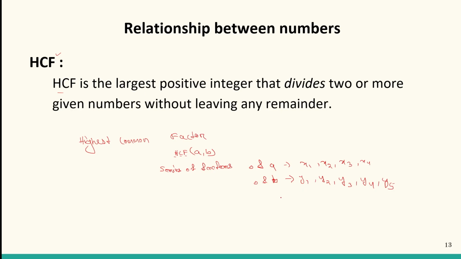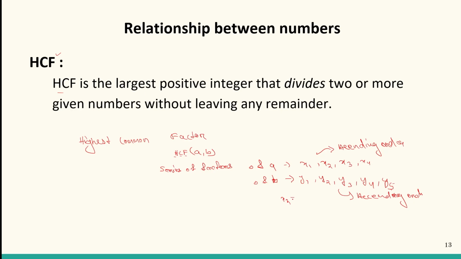And let's say this is in ascending order, and this is also in ascending order. So basically x1 is less than x2 is less than x3 is less than x4, and y1 is less than y2 is less than y3 is less than y4 is less than y5.